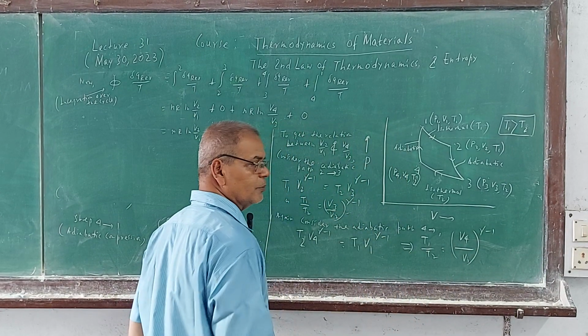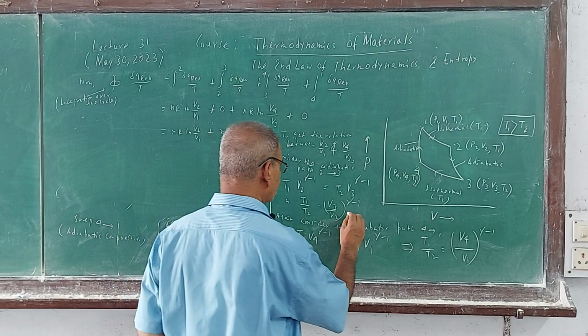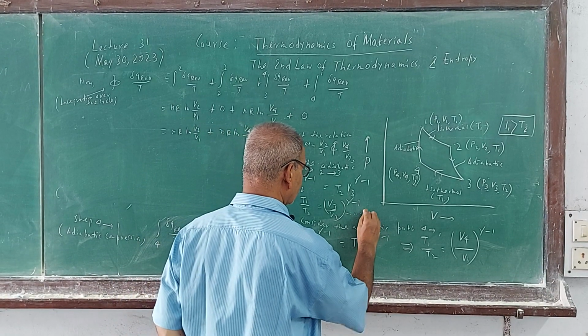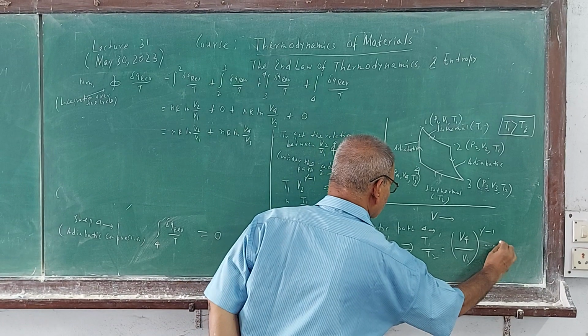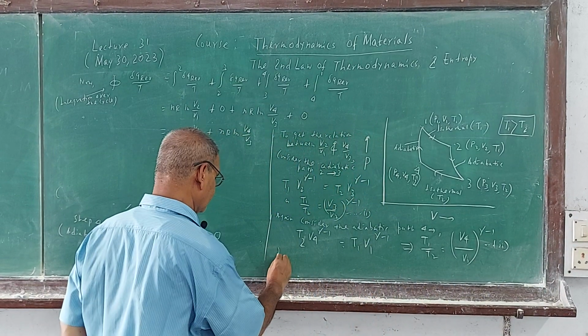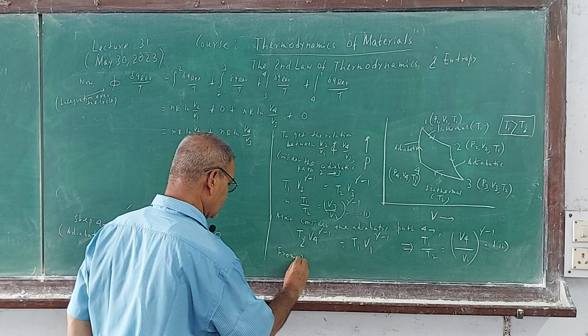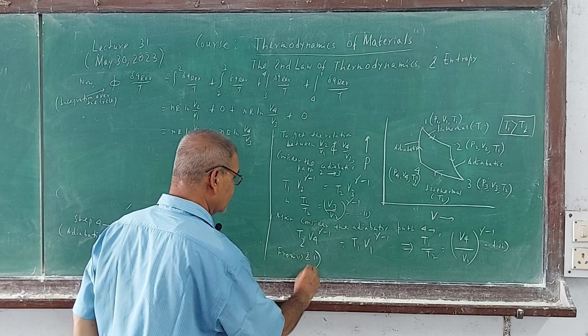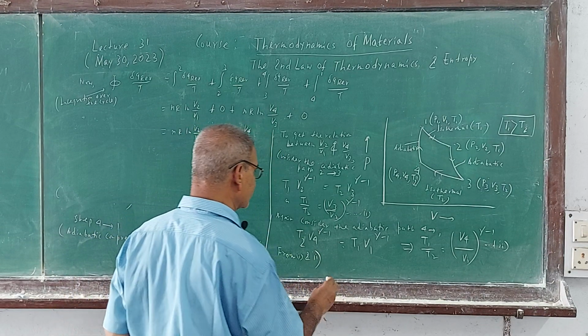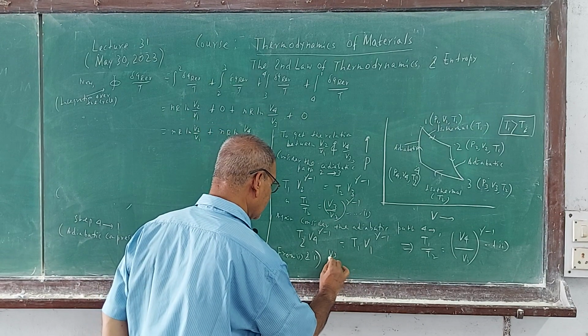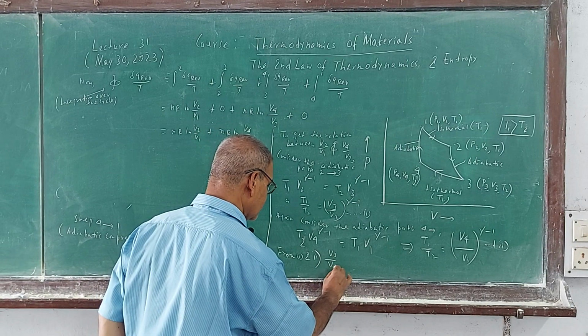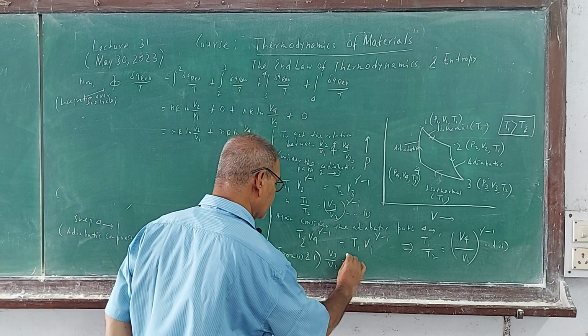So call these 1 and 2. From 1 and 2, what do you get? Left hand side is the same, so right hand side is the same. V3 by V2 is V4 by V1.